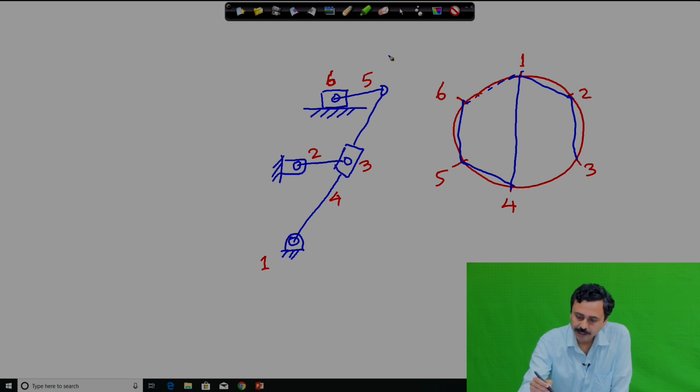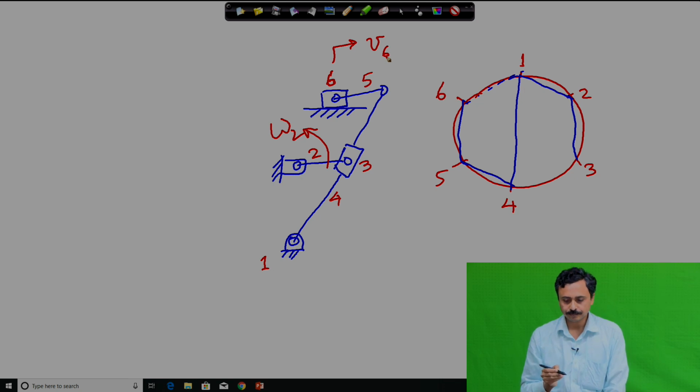Usually in a quick return mechanism, what is specified is this omega 2, and what we are asked to find out is this V 6. A very simple method can be developed based on IC if we can locate I 2 6.